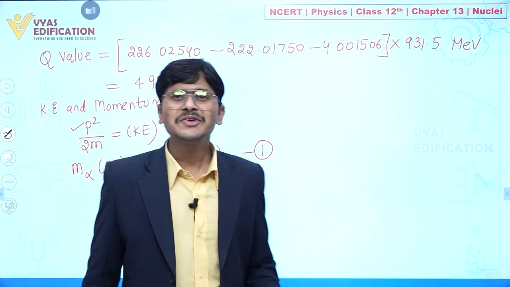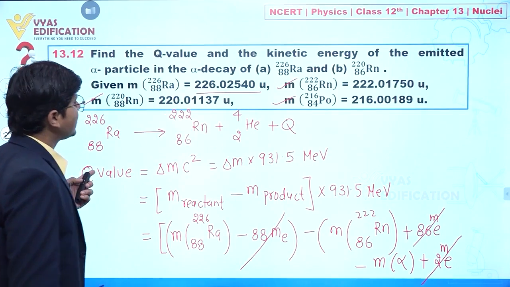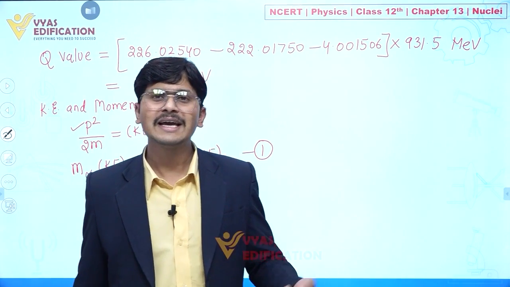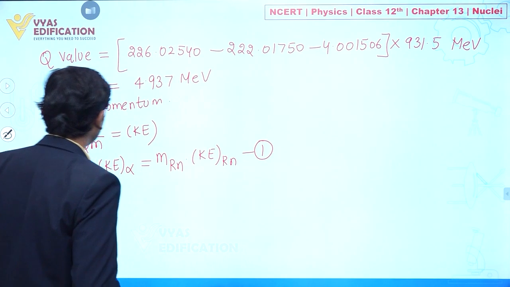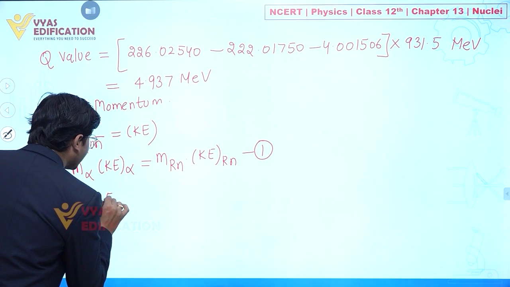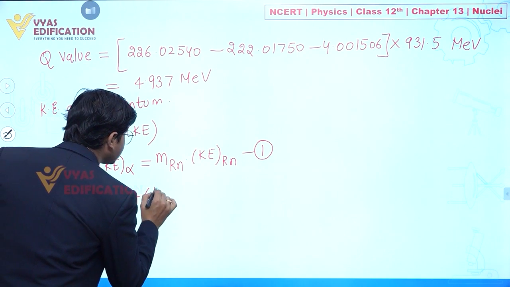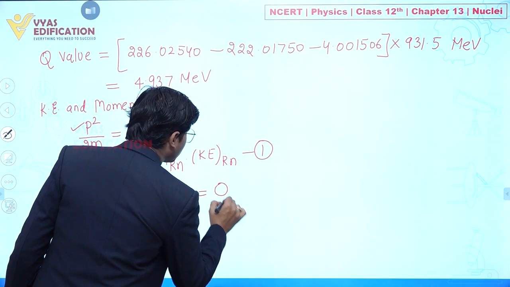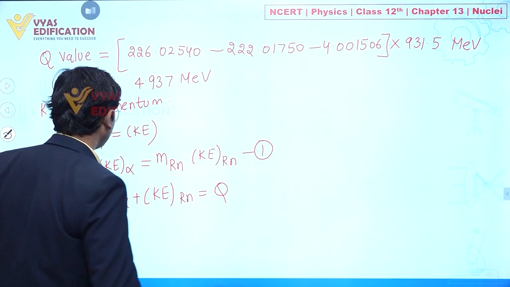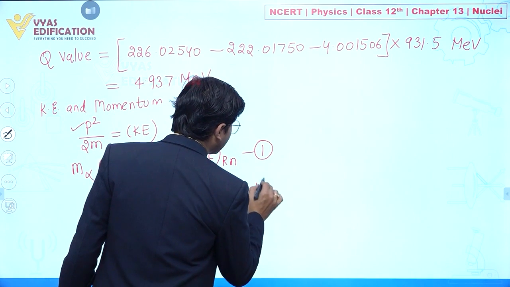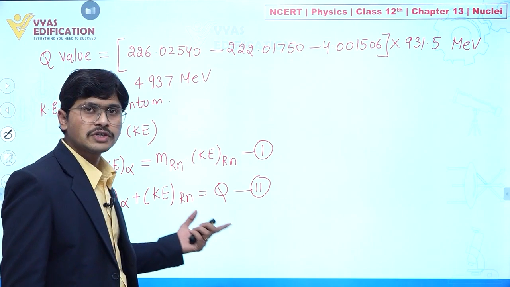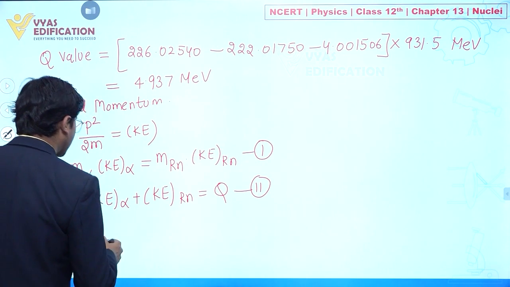Now, this Q value that we calculated is provided to the daughter nuclei as well as the alpha particle. So we can write: kinetic energy of alpha particle plus kinetic energy of the daughter nuclei should be equal to the Q value. So now if you solve it, you can find the kinetic energy of the alpha particle, because we have two equations and we can find two variables easily.